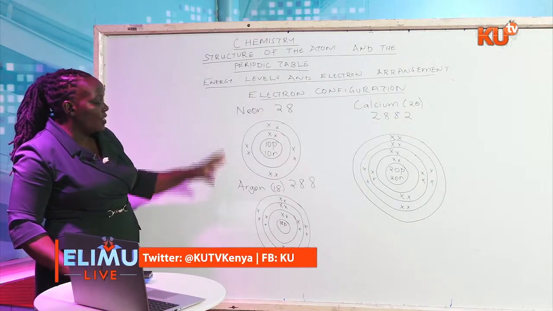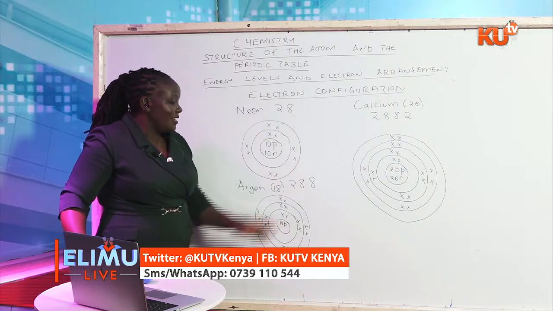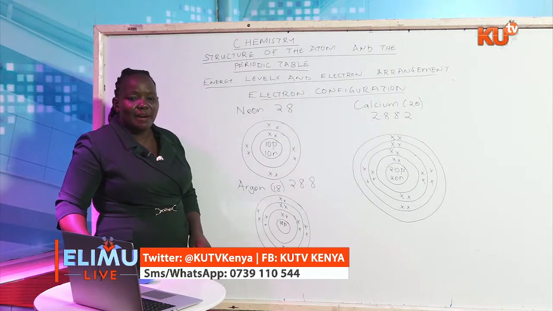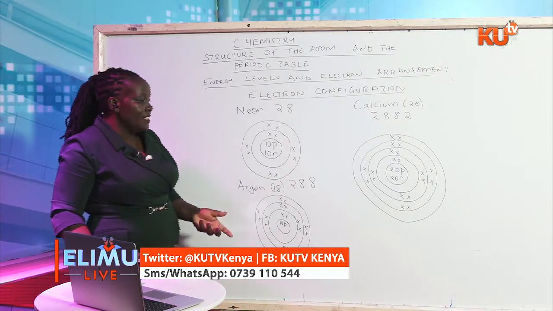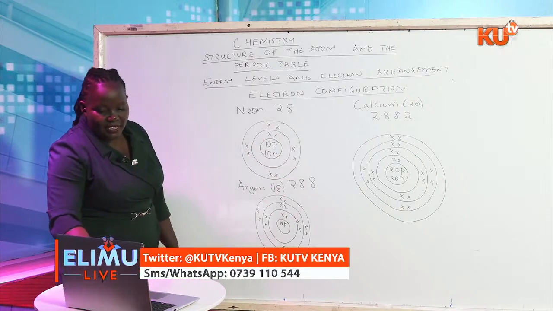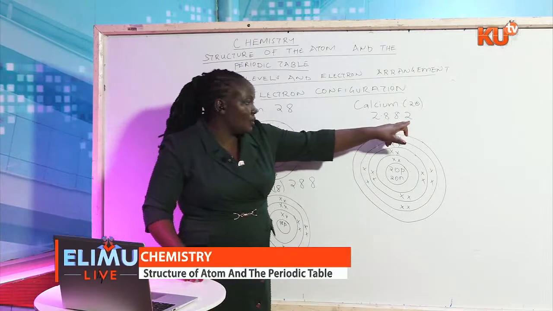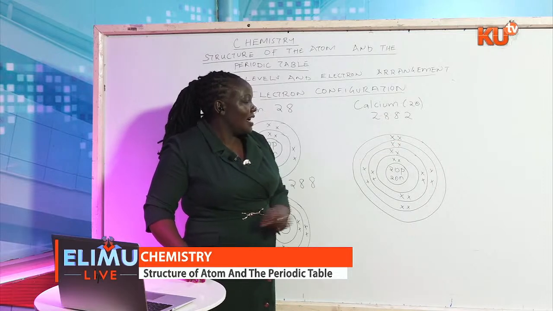So for the ones that have the outer energy level accommodating the maximum number of electrons that they can accommodate, then we talk of them being stable. Then we have seen that in other elements, we have different numbers of electrons. Like in this case, this one has 4 energy levels.